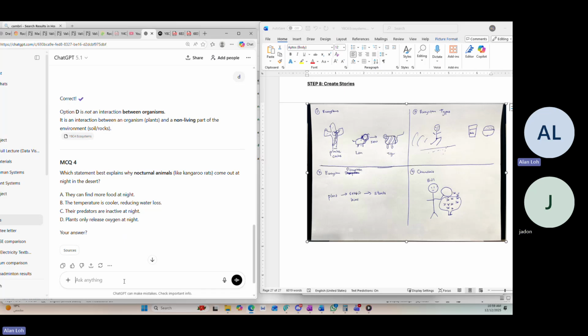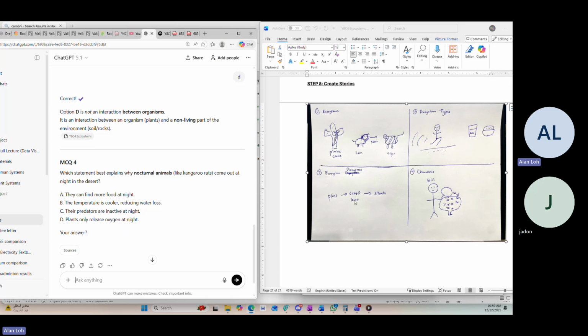Which drawer? Three. Jaden, I cannot hear you. Which drawer? Can you speak to your laptop? Drawer number 3.